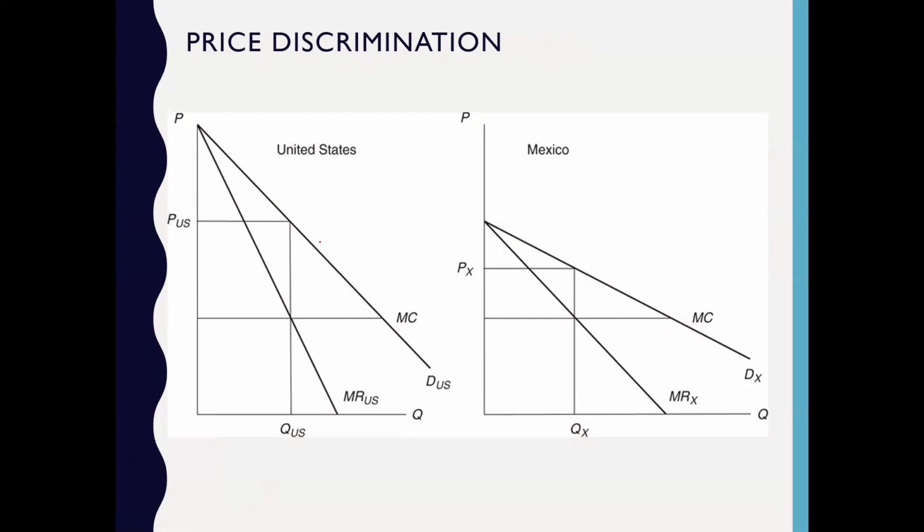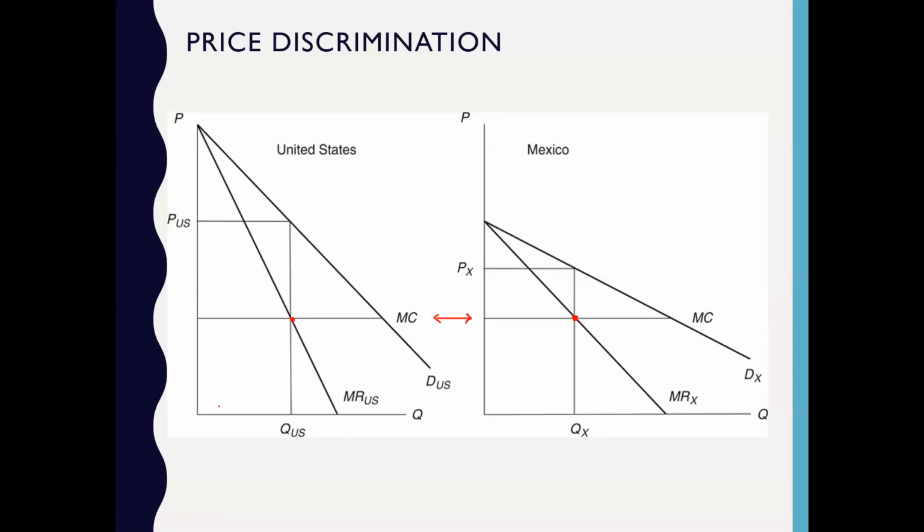Now, let's assume further, just for simplicity, that the marginal cost of production and distribution is also the same in both countries at this level, and that for now the prices are not regulated in either market. So here again, profit maximization occurs where marginal cost equals marginal revenue. So this dot.